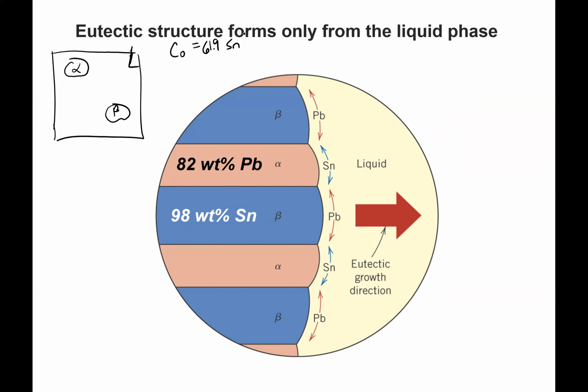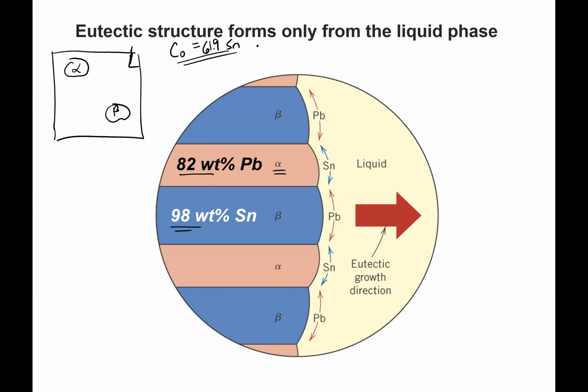And you can see here, I've labeled, this is from the phase diagram, just looking at the two ends of the tie line. My alpha is sitting at 82 weight% lead. Okay, so it's only 18% tin. And my beta is sitting all the way up at 98% tin. It's only 2 weight% lead. So these are both very different than the overall composition of the liquid at this point.